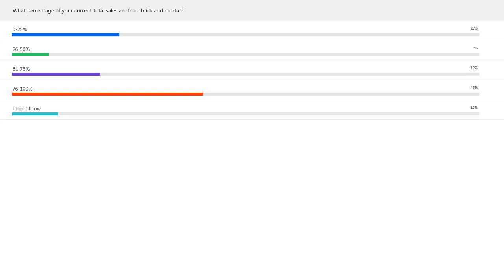So it looks like we've got 3 buckets, and the 2 largest buckets are either almost 100% brick and mortar or almost 100% e-com, and that's really more of a representation of... I don't think it gives us enough information.